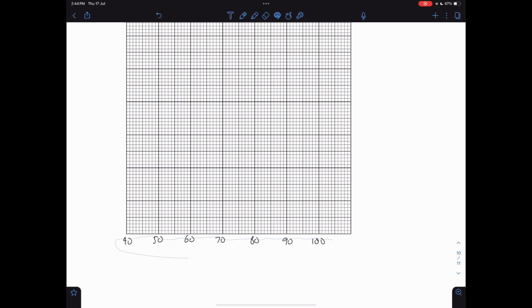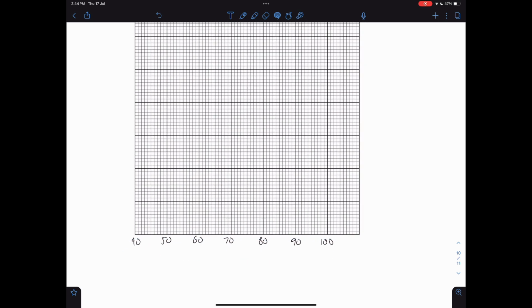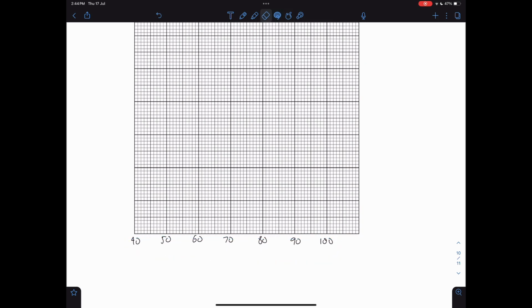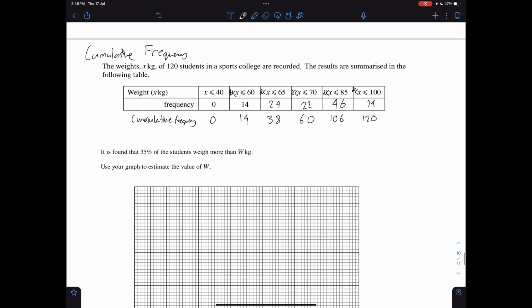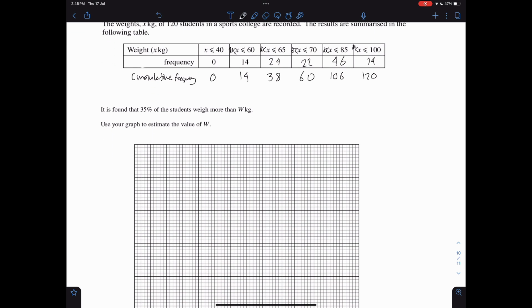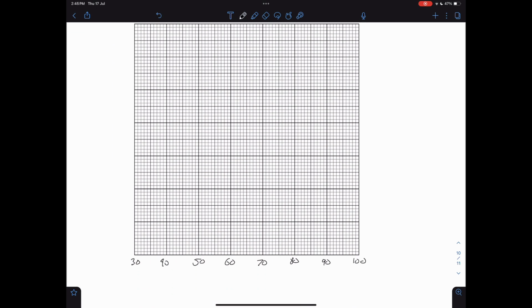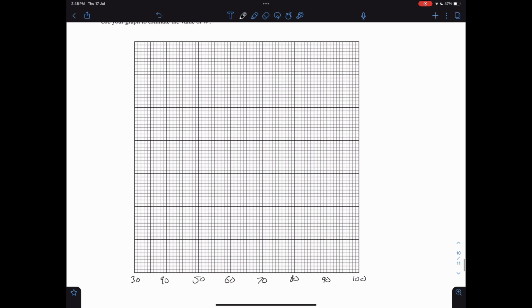Or you know what, you could just go 50, 60, 80, 100. That'll work. Now, cumulative frequency, we have to go up to 120.